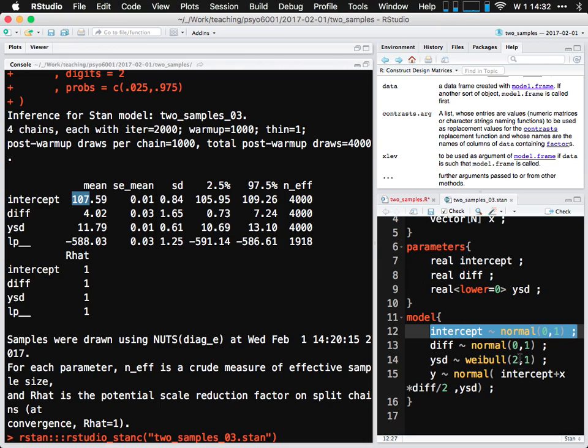So we've changed from, if we were thinking about this as a scenario where we did have good information about what that intercept should be, then we wouldn't want to do this scaling.